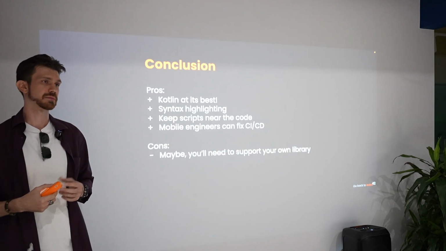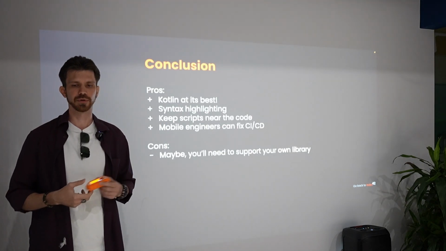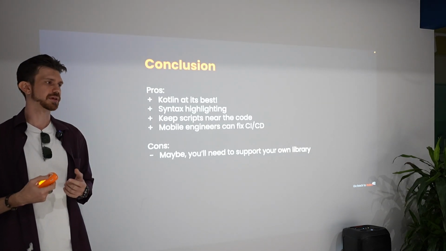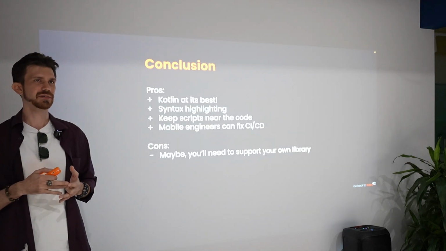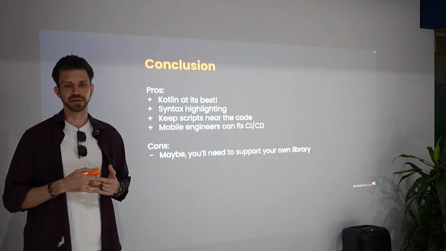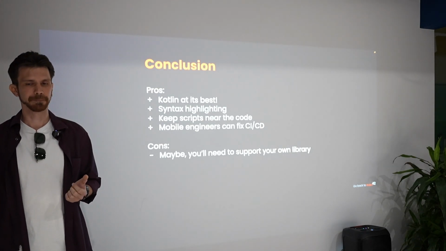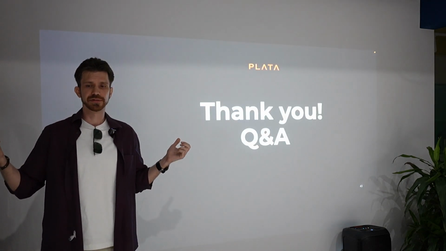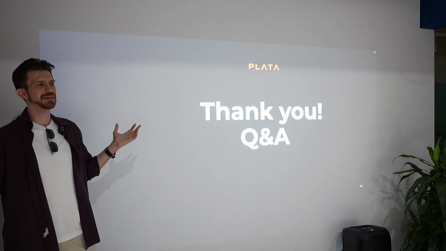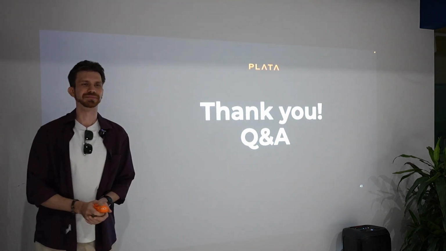The only con is that we have to support our own library, but we can test it. We can write very complex logic in it. Maybe you won't need it. So, thank you for listening, and now for the questions.